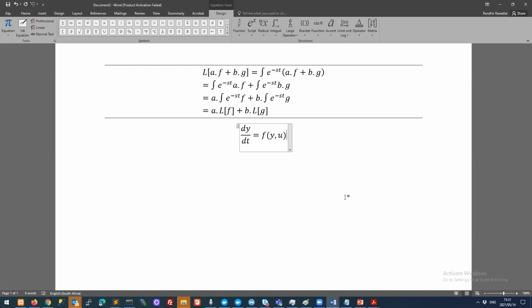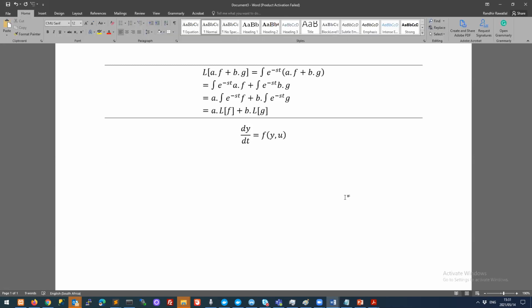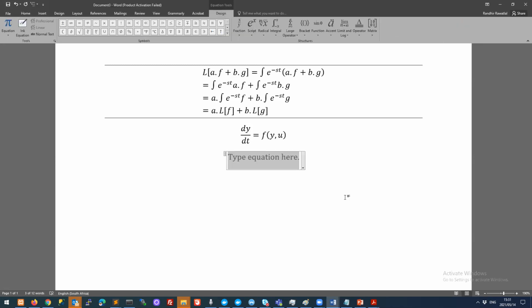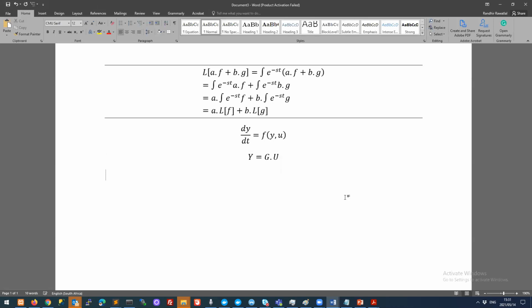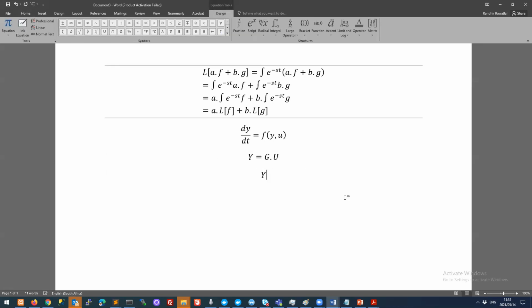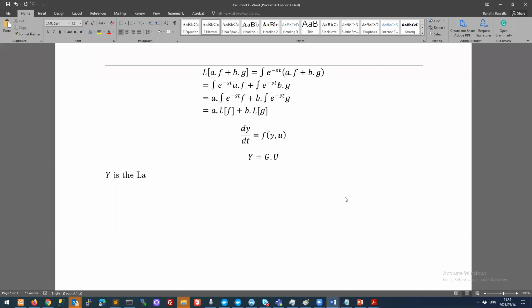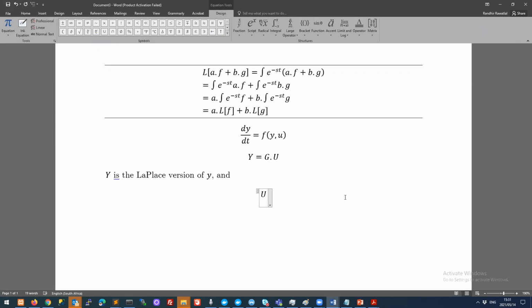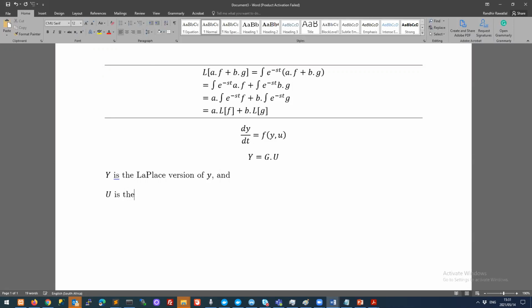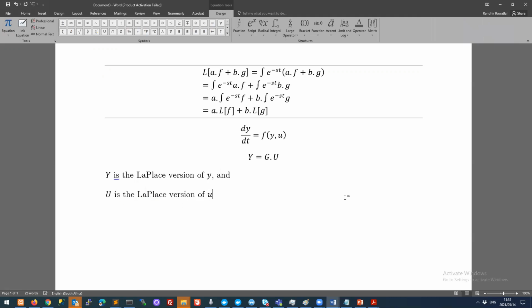Now we would like to figure out a form that looks like this. We want y equals g times u, where y is the Laplace version of y, and u is the Laplace version of u.